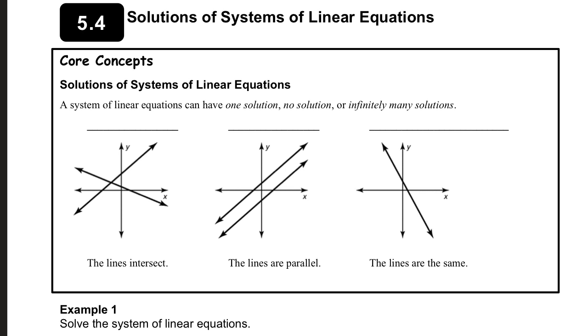notes. The big idea here is there's three types of answers we can get with a system of equations. If you graphed your linear equations and they intersect in one spot, that means they have one solution.